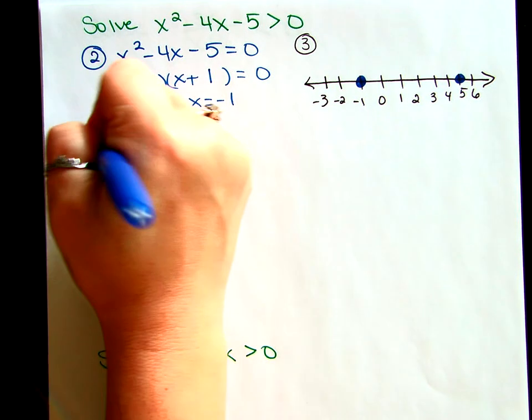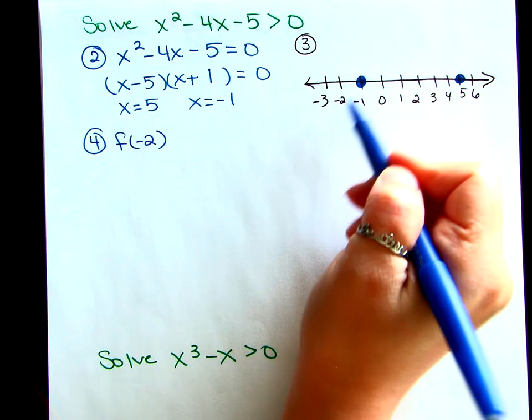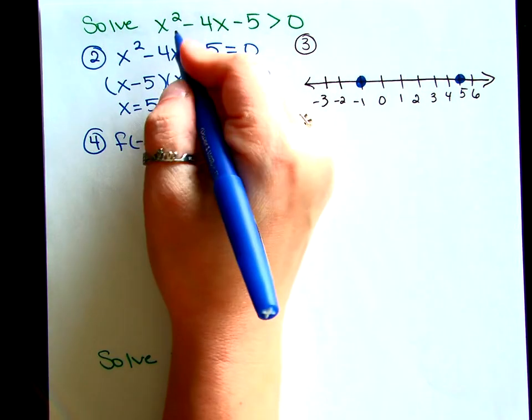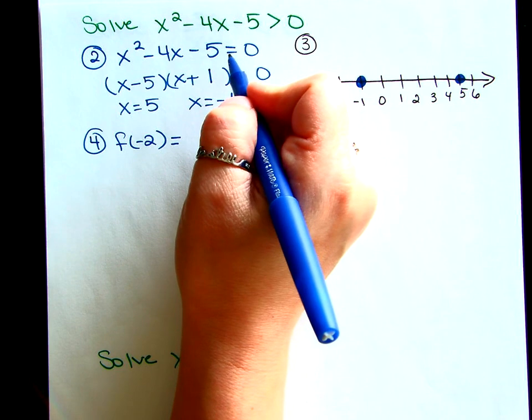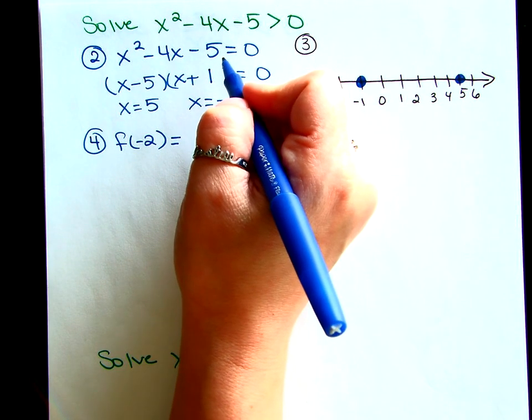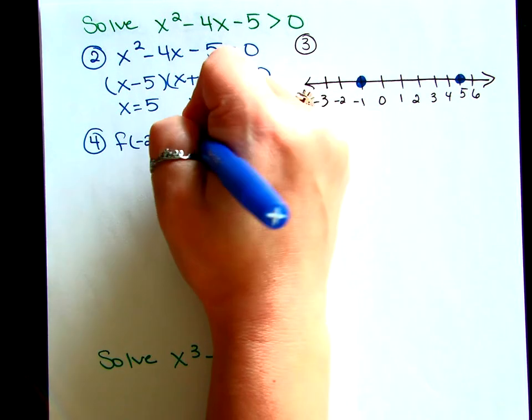So for step 4, I'm going to find f of -2 because that lies here in this first section. What that means is I'm going to plug -2 into the function and see what I get out. It doesn't matter so much what I get out as if it's positive or negative. So -2 squared is 4.